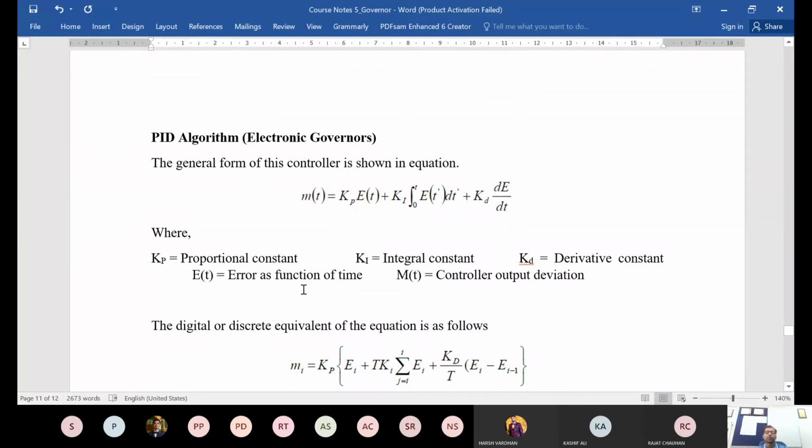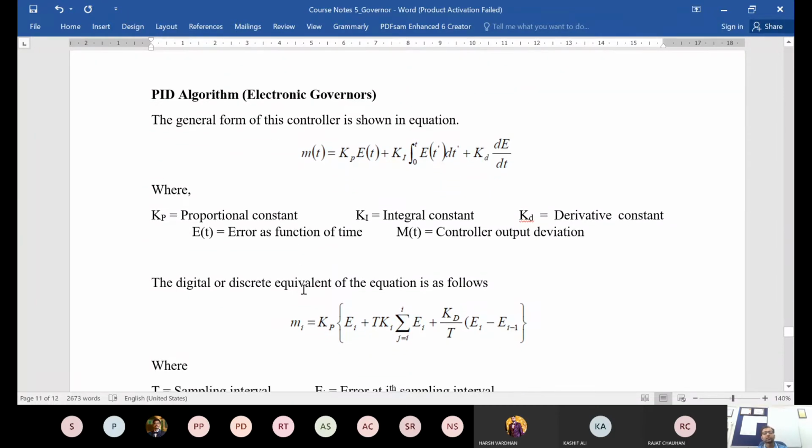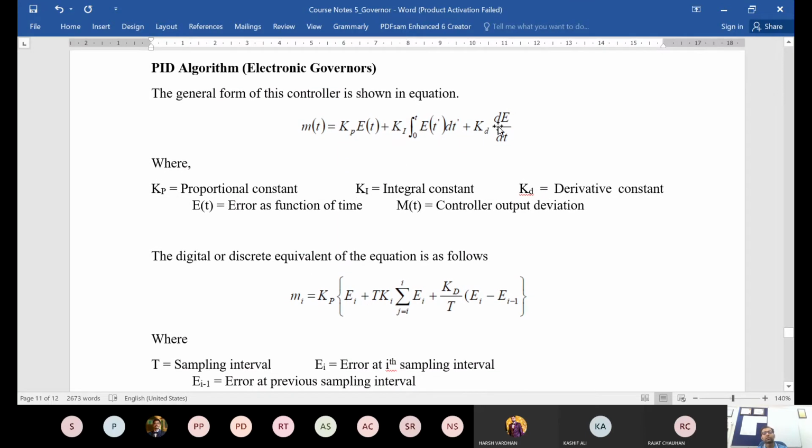When you have a digital governor, which as we said is the standard these days, this equation is in the continuous time variable mode. But for a digital system, you need to discretize this equation and take the discrete equivalent. The proportional term remains the same, just multiplied by a constant.